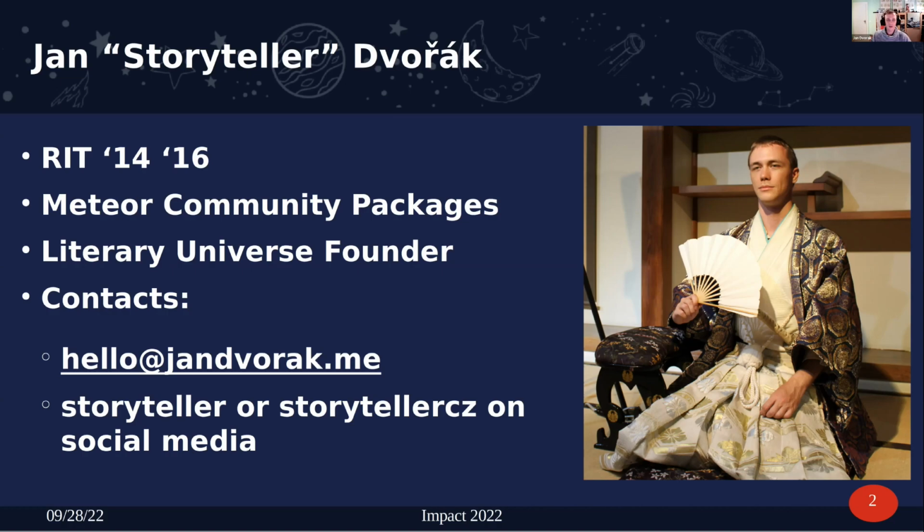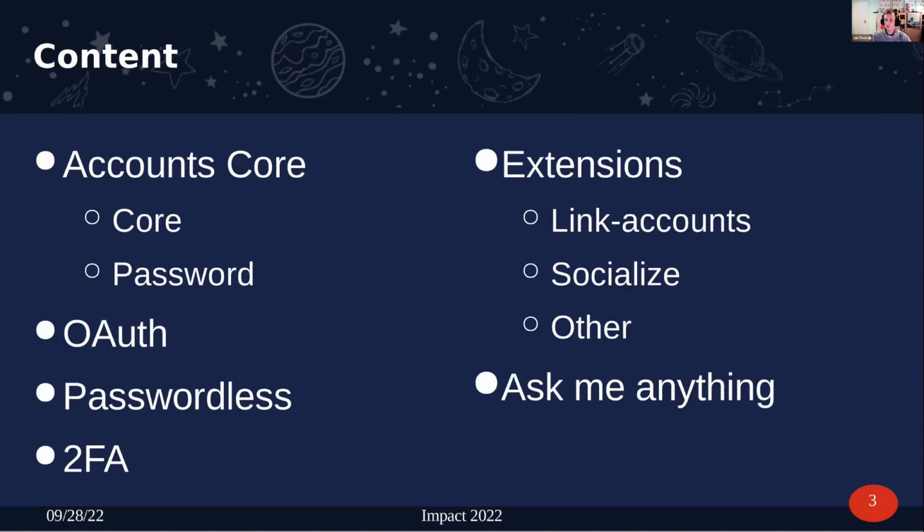So this talk was labeled as Ask Me Anything, but I wanted to give it more of a theme. In my case, it's user accounts. That's one of the core things for Meteor that makes it super easy to get quickly started with a user-facing application.